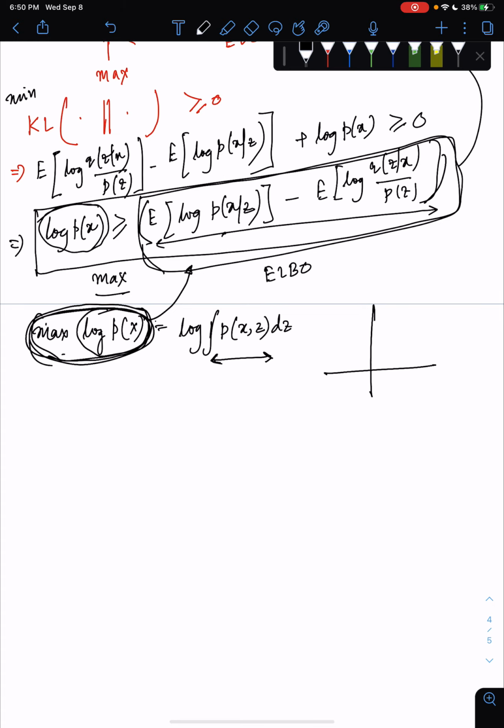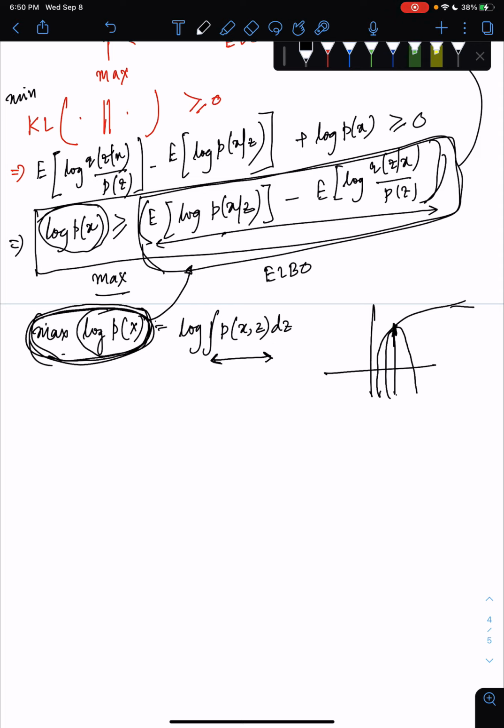In Jensen's inequality, if we have a concave function like this, and we are able to find a lower bound of this concave function, and if we maximize this lower bound, it will actually help us to touch the optima of this concave function. I'm not going into too much detail, I'm just giving you an intuition.